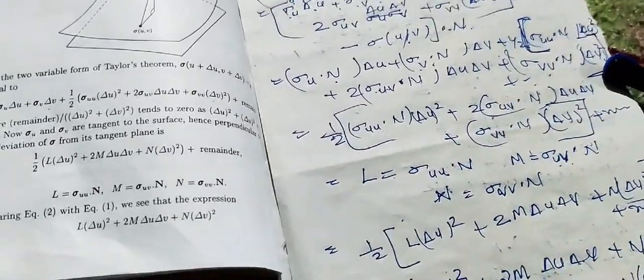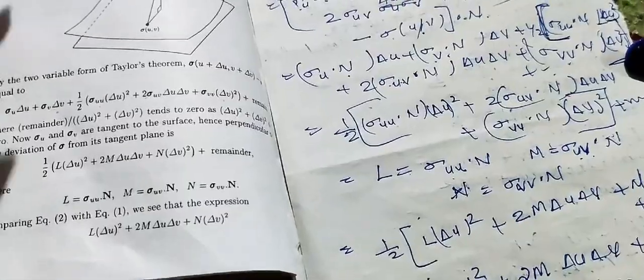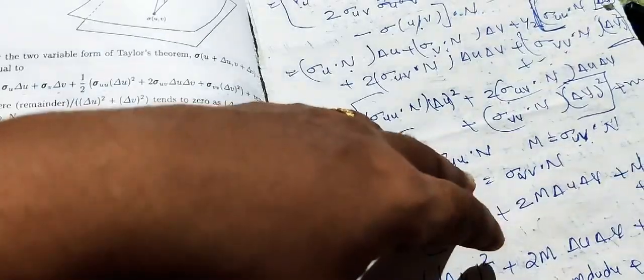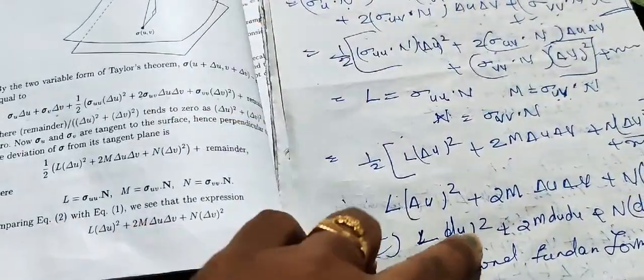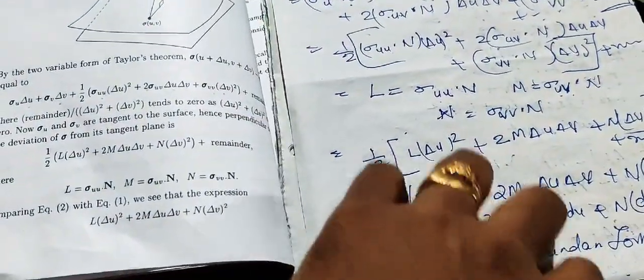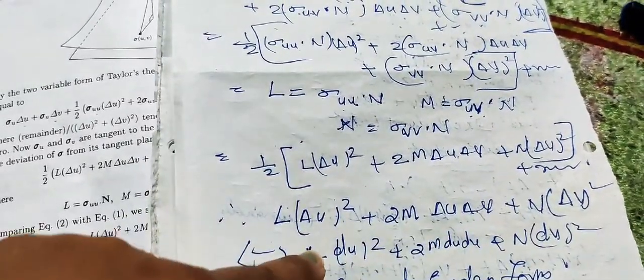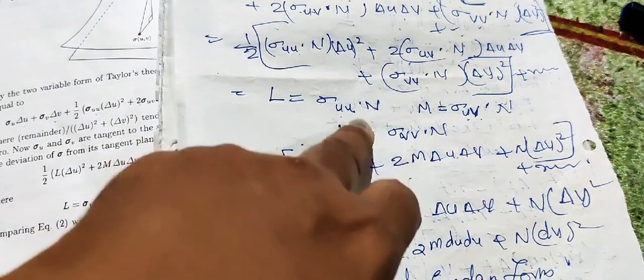So what is the first fundamental form? E du square plus 2f du dv plus g dv square. So here L du square plus 2m du dv plus n dv square, where L is sigma uu dot n.